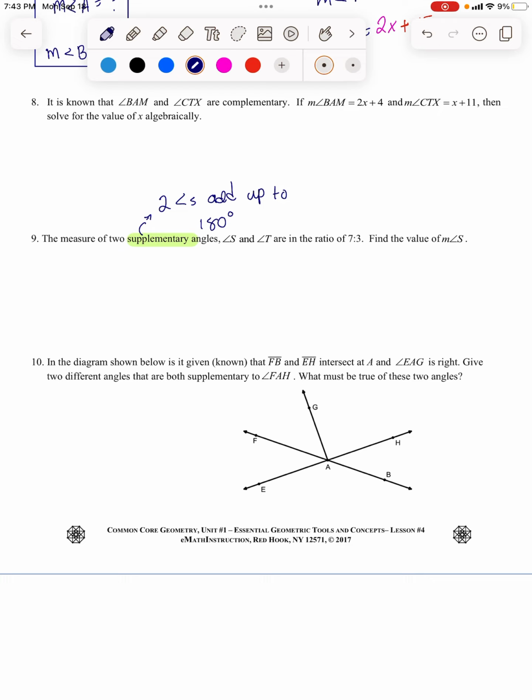Angle S and T are in the ratio of 7 to 3 in that order. So I want to break this down. When you see a question with a ratio, you should break down the parts.